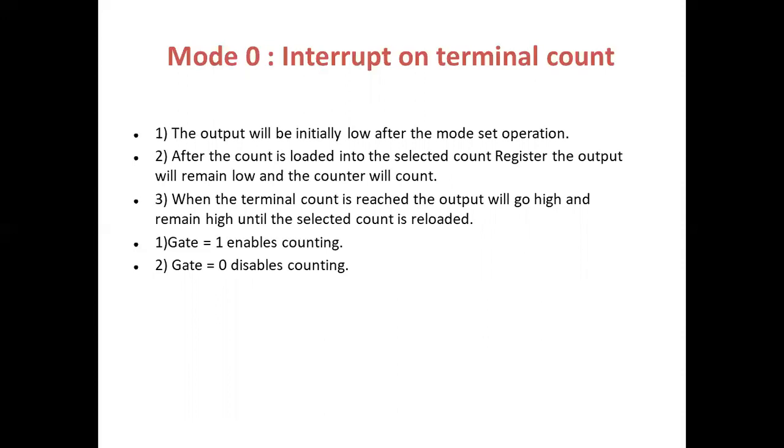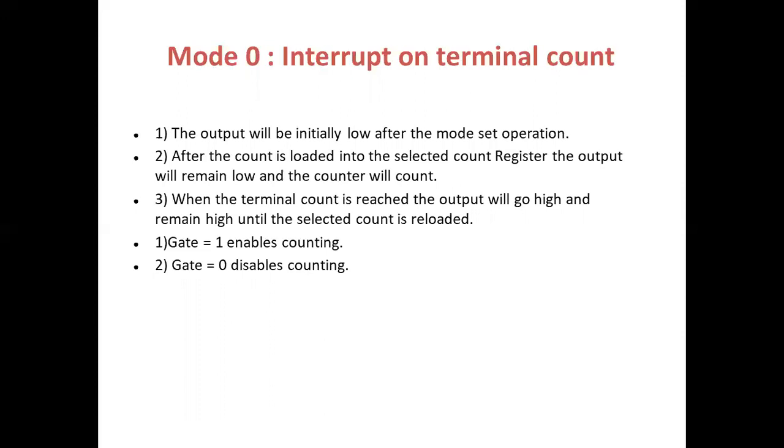After termination of counting, the counter interrupts the microprocessor. When the counter interrupts the microprocessor, the specified operation will be performed by the microprocessor. The mode word is loaded into the control word register. 8253 sets the mode.